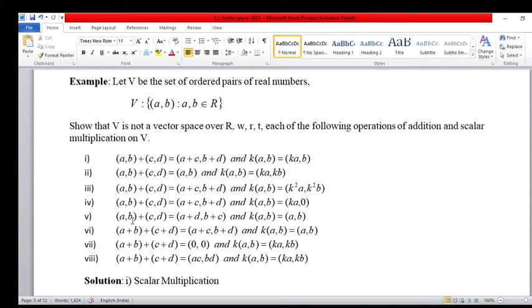Up to 5 are additions, and in 6, 7, 8 first vector plus second vector, plus third vector plus fourth vector, these two conditions are possible. In the 7th, the first bracket is a sum of two vectors, the second bracket again a sum of two vectors, their sum shows this condition, and the last conditions are also possible.